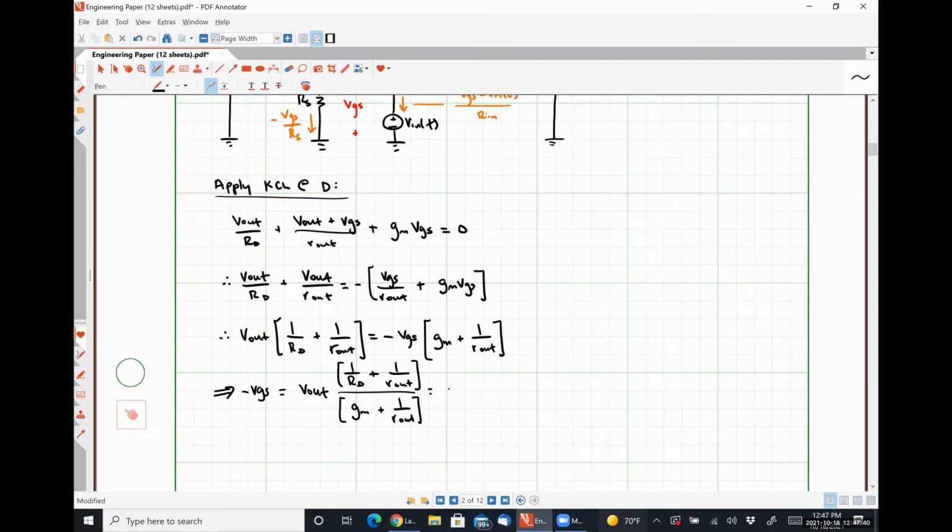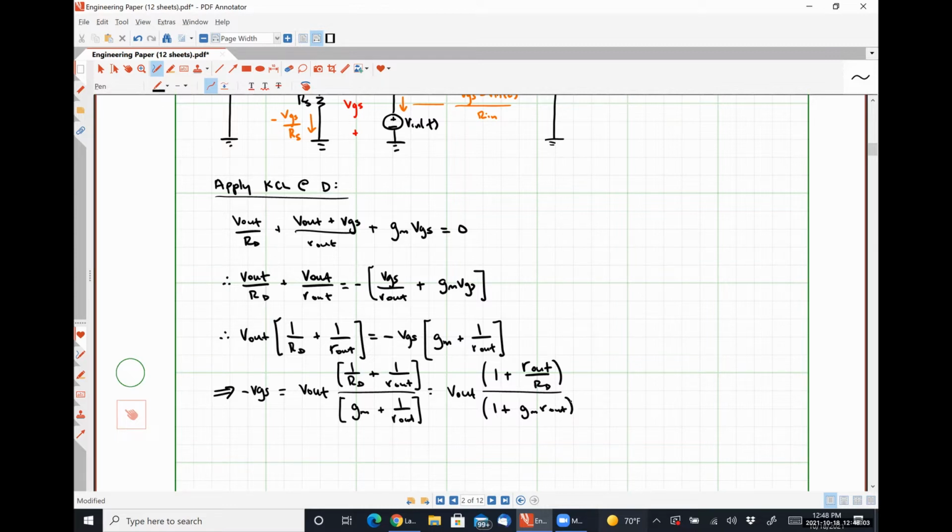or V out multiplied by 1 plus R out over RD divided by 1 plus GM R out.